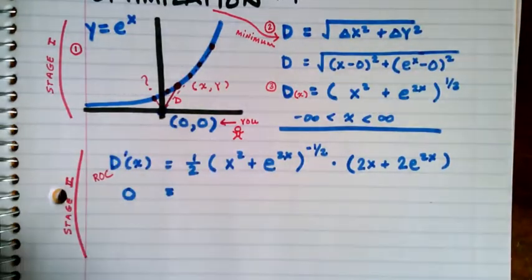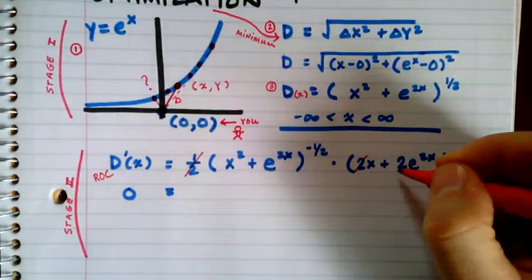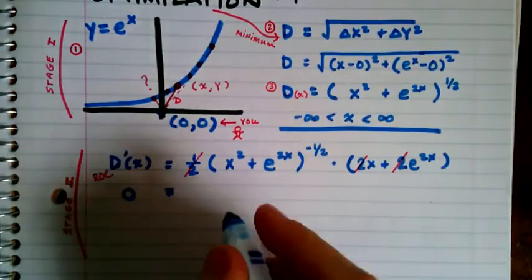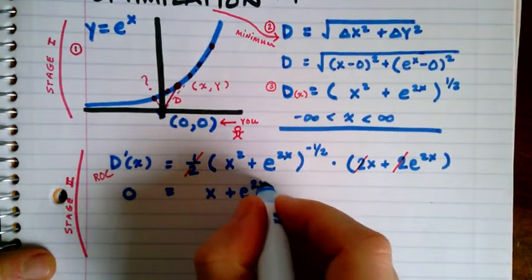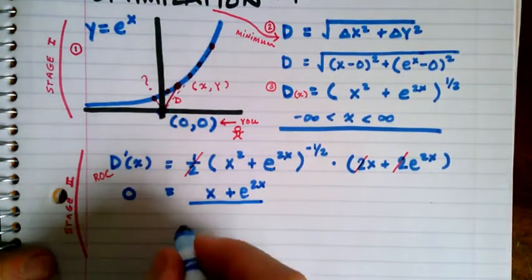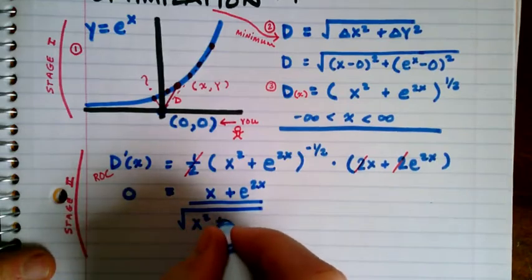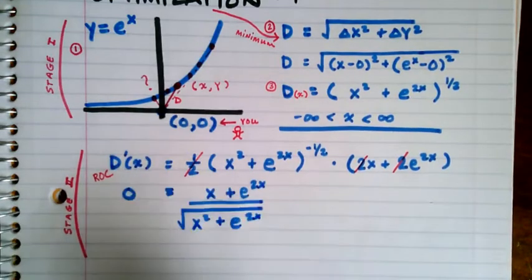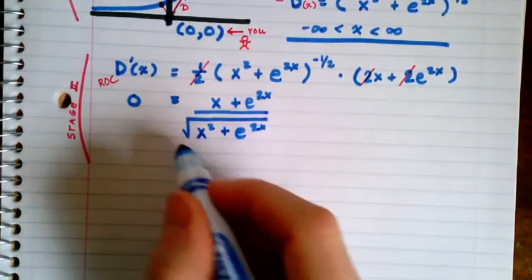I'm going to clean this up a little bit. You see that this half right here will actually cancel with these two. And we end up with x plus e to the 2x divided by the square root of x squared plus e to the 2x. So we now need to figure out when this is 0.